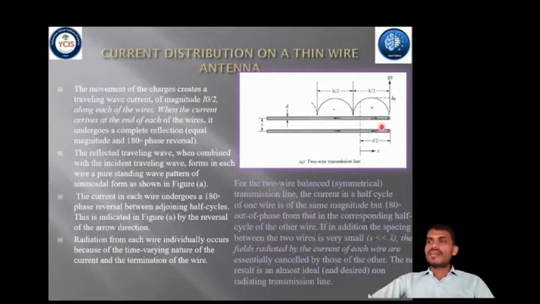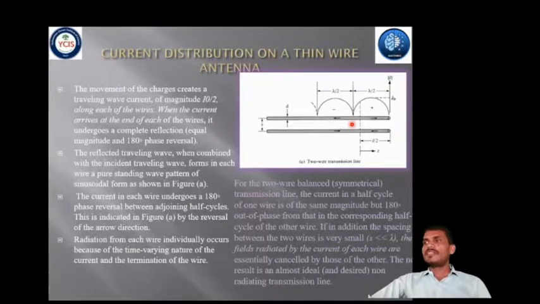Also, radiation from each wire individually occurs because of the time varying nature of the current and the termination of the wire. For the two-wire balanced, that is symmetrical, transmission line, the current in a half cycle of one wire is of the same magnitude but 180 degrees out of phase from the corresponding half cycle of the other wire.